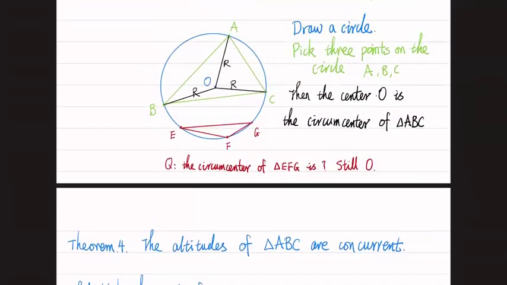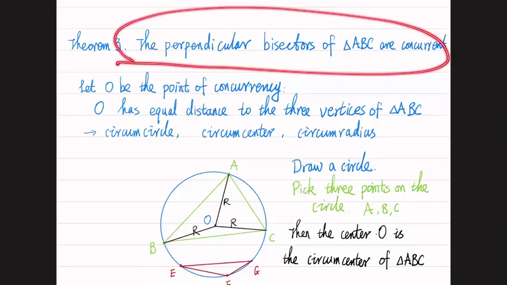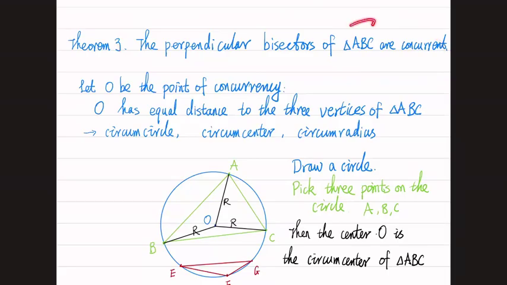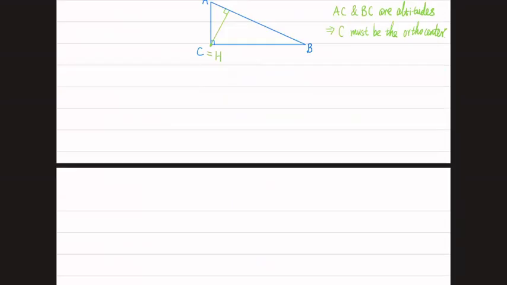So the third one has an important application. Given any triangle, we can draw a circle containing all three vertices. A very important application.